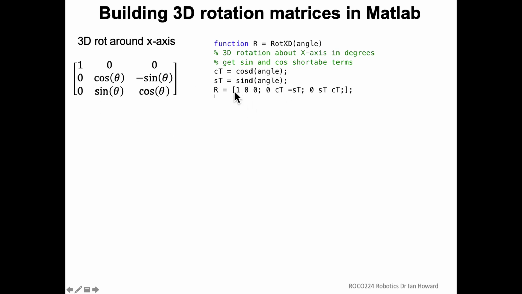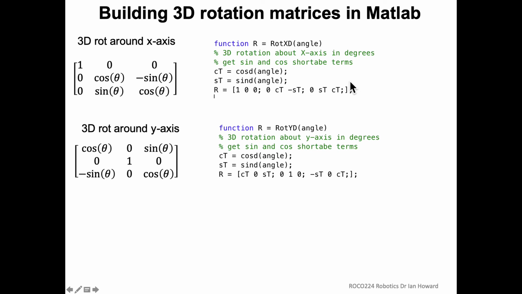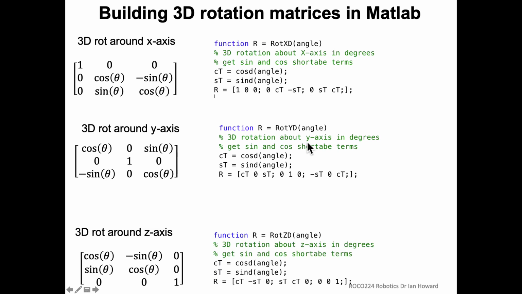So you just build up the elements in the rotation matrix by concatenating the elements. So 1, 0, 0, right? And then we put in another row, 0 cos theta minus sine theta, put in another row, 0 sine theta, cos theta, and so on. Same principle for building your own first principles rotation matrix around the y-axis. You just use the y formula, or around the z-axis and you use the z formula.